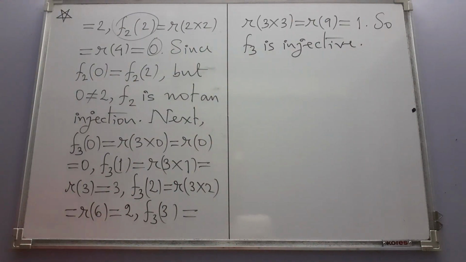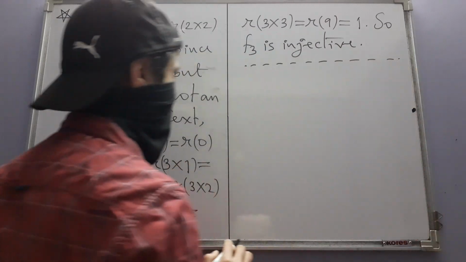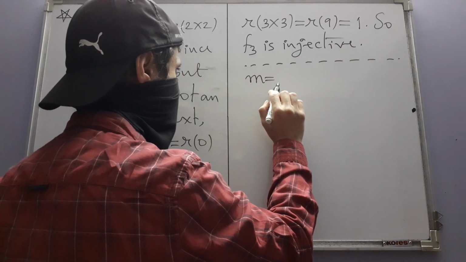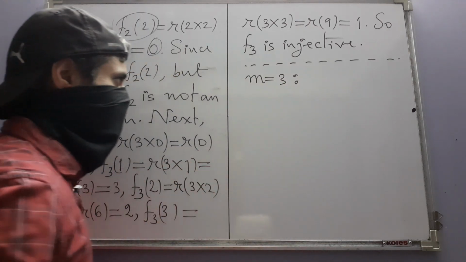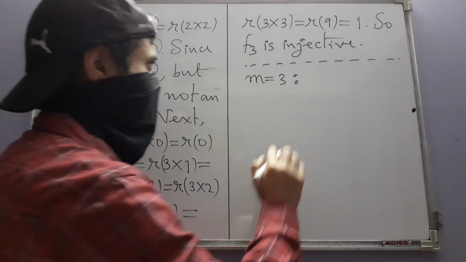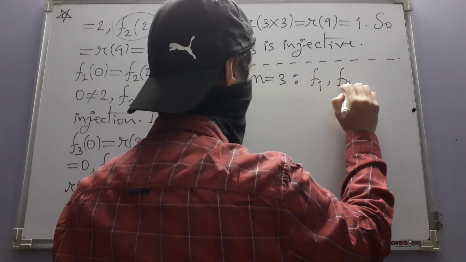Now, let us note one thing. What have we seen so far? When M is 3, in this case, the functions that are injective are F1 and F2.